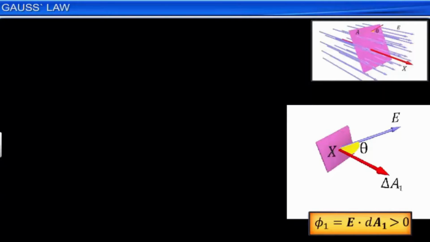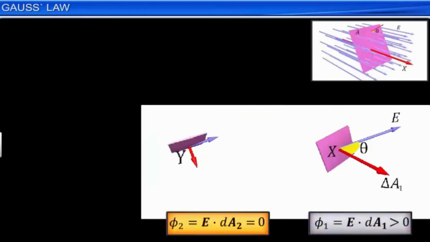That is, they have an inwardly normal flux. Since theta is equal to 90 degrees for element Y, the electric flux for Y is equal to 0. For all such elements, the flux through the surface is 0.